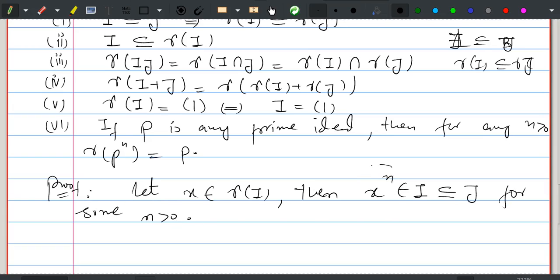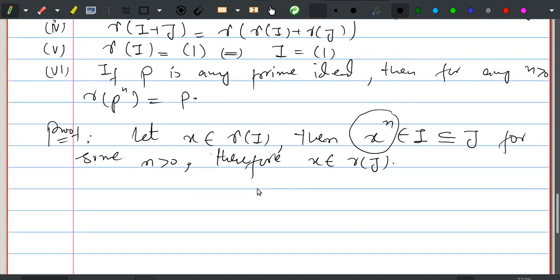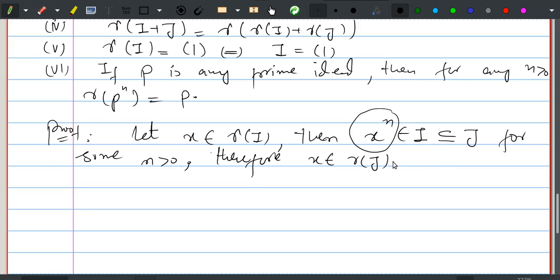Now since this x to the power n is an element of J, this means x is in the radical of J. But this x was chosen from the radical of I, and hence the radical of I is contained in the radical of J.